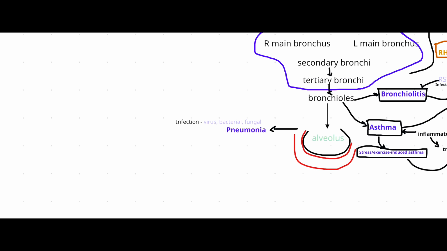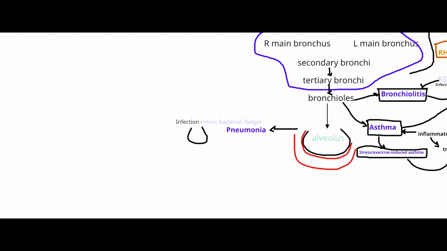So when there's an inflammation, there's going to be mucus, correct? So when there's mucus in there, an infection, and it's inflammatory, so it's kind of red.